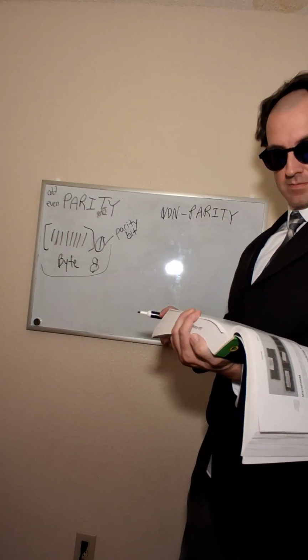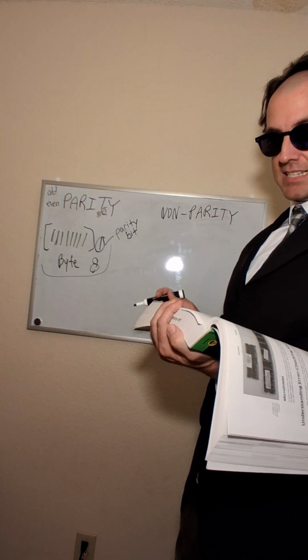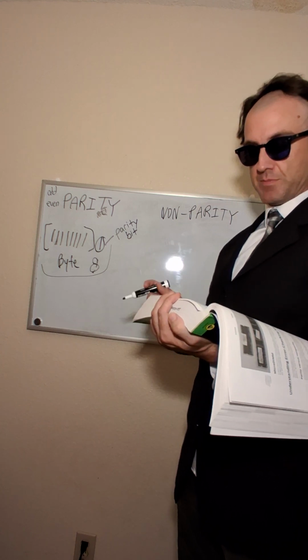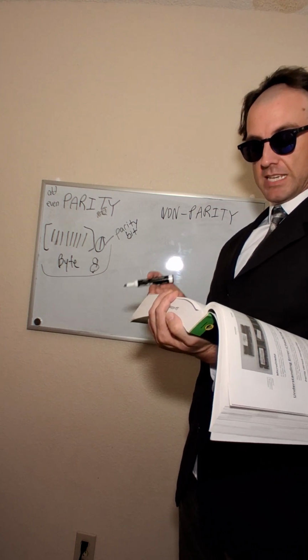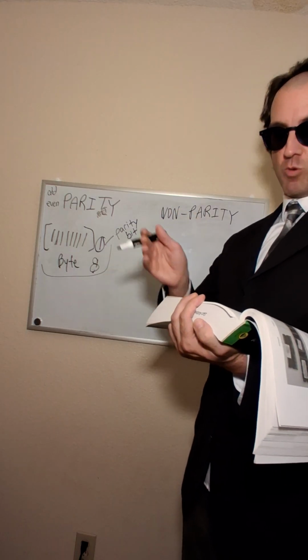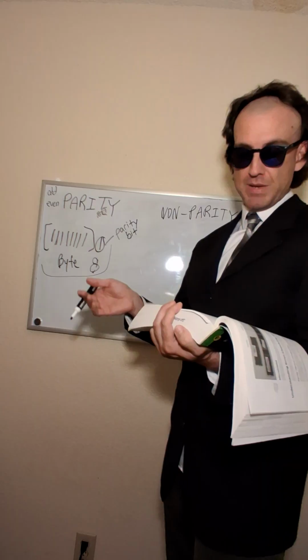After the parity bit has been set, the byte of data and the parity bit are written to memory. Even parity works the same way, except that it looks for an even number of enabled bits.